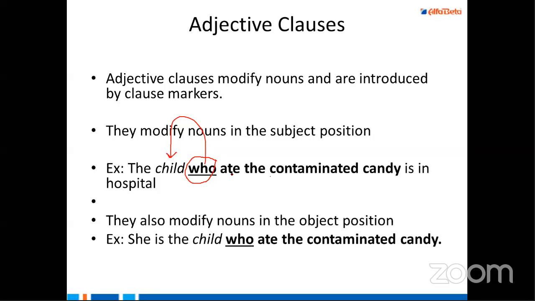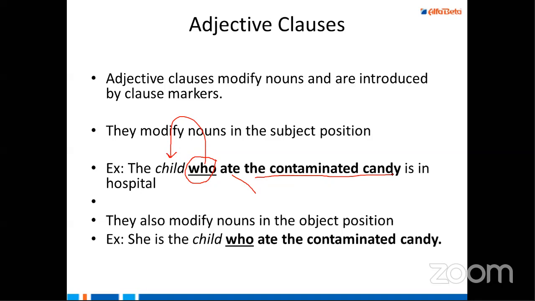So first, there's the relative pronoun. Then there's the verb. The verb in this case is ate. After that, there is the object. Here, the object is the contaminated candy.